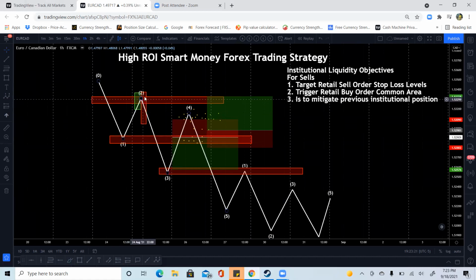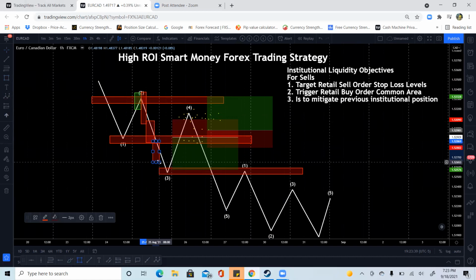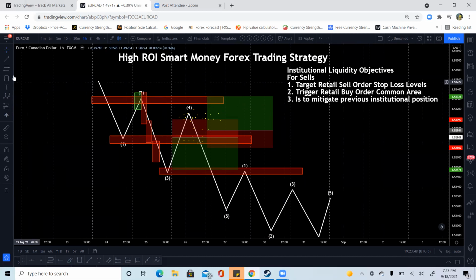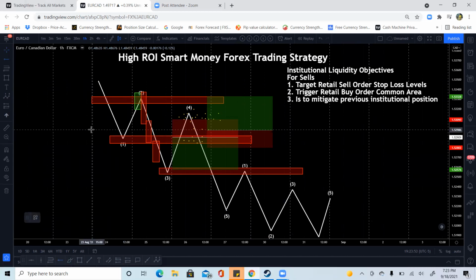And when they place this sell and the market continues to go down, of course it's not going to be all red candles, but it'd be a pretty decisive swing. The institutions leave this buy order open. So even though they're profiting on their bigger trade, they are in drawdown on their smaller trade, this mitigation trade.